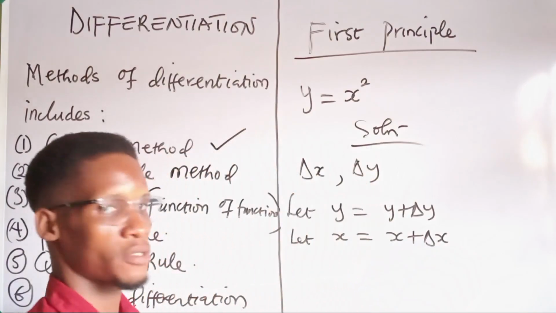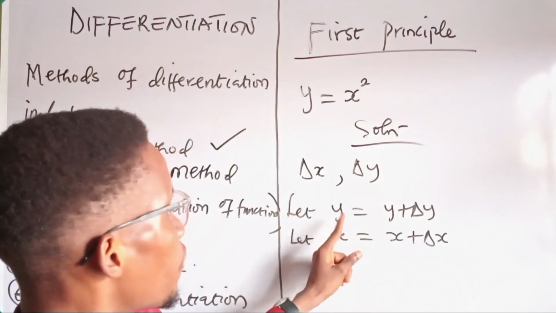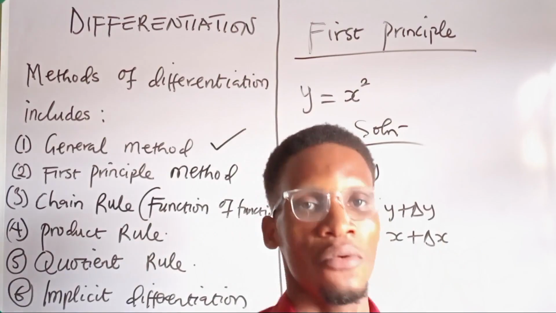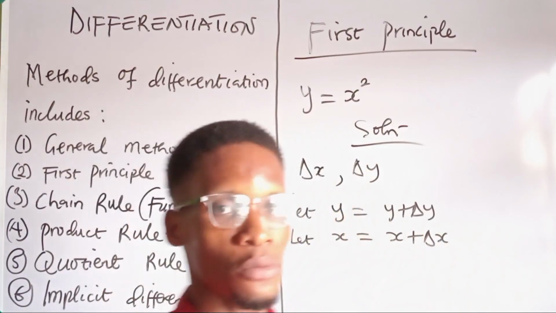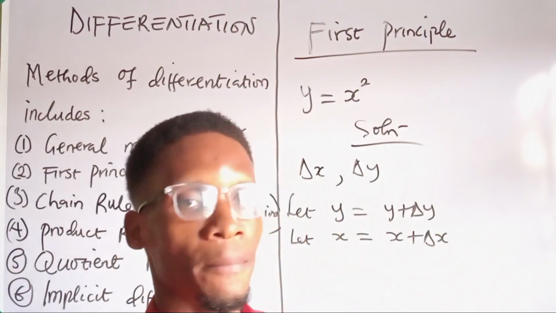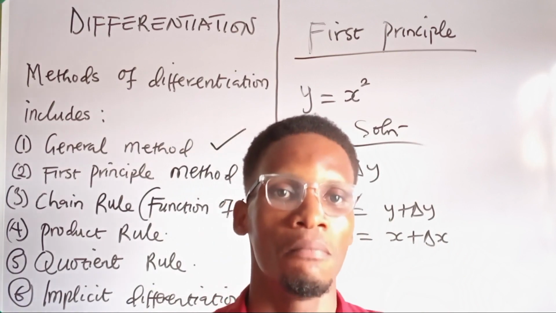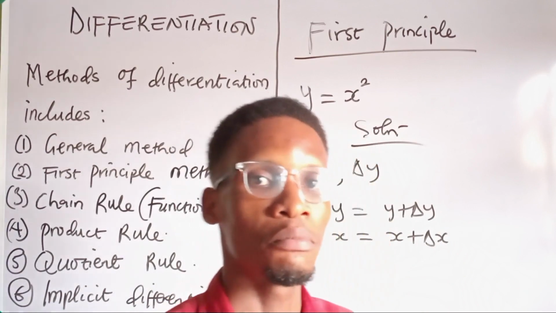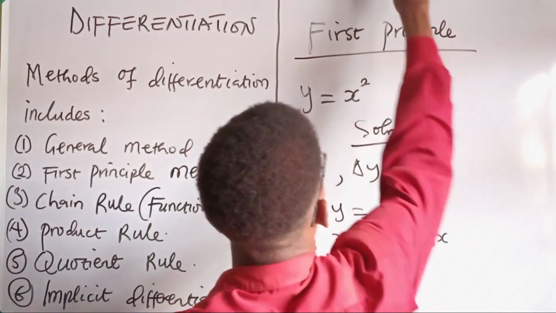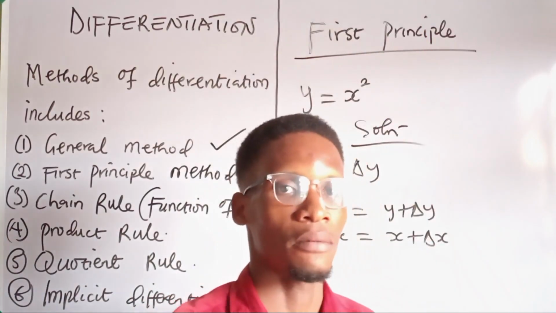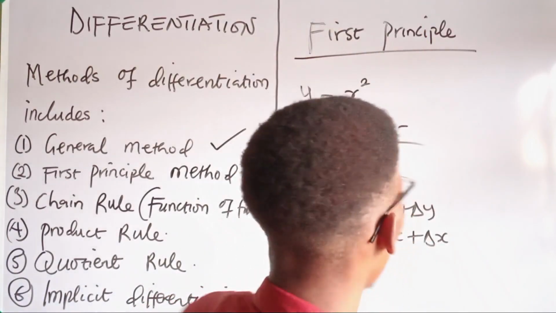That's my statement. So wherever you see y, you're going to add this, and wherever you see x, you're going to substitute what you're seeing here. That's the first step you're going to take in order to solve this problem that is given to you.